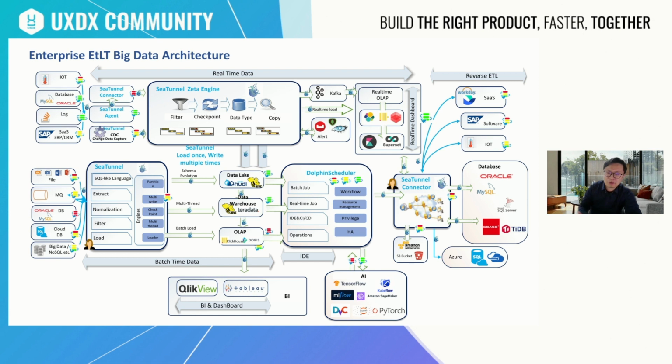And also you can manage MLOps, machine learning ops, and you can manage your AI training process with DolphinScheduler. So it's something like a traffic light in a big data platform. And then you can also use Cittano to load the data from your data warehouse back to your SaaS or back to your database.